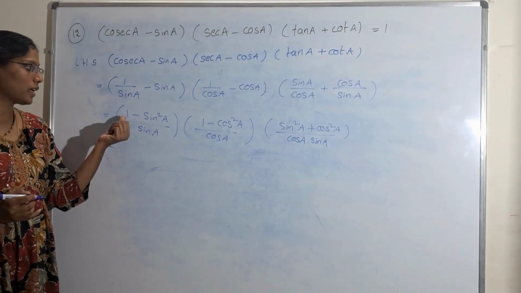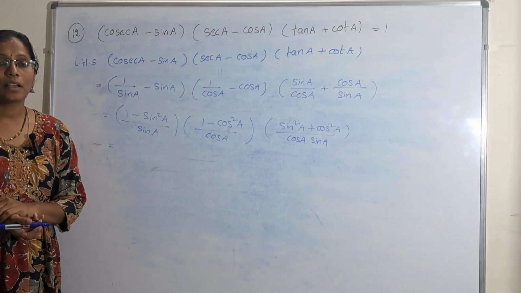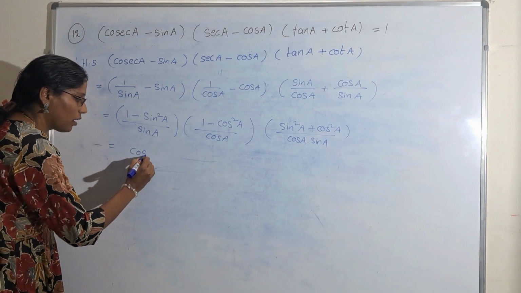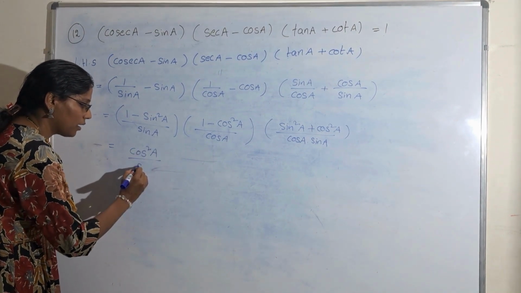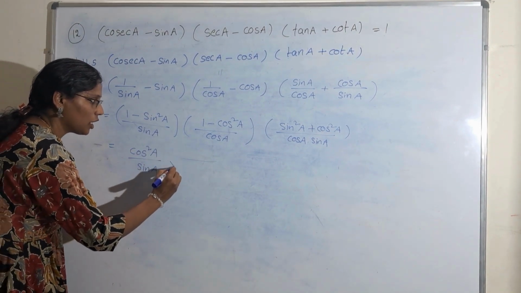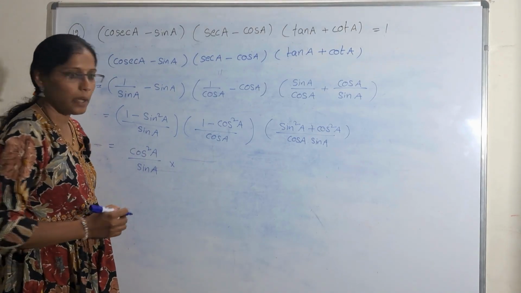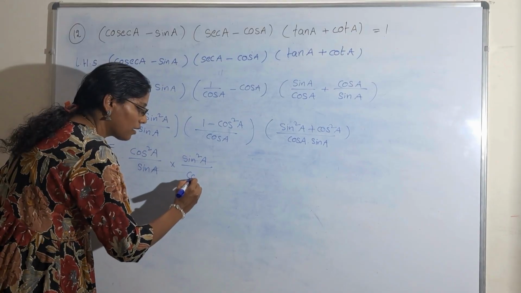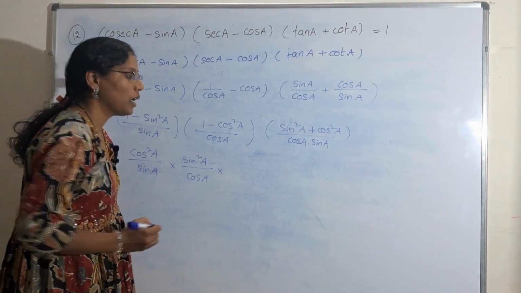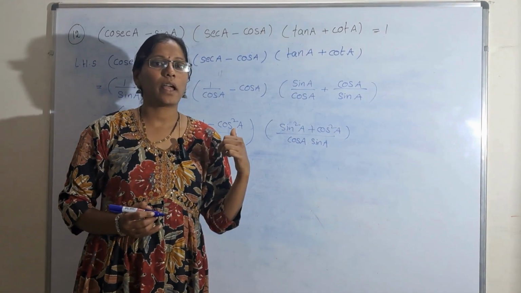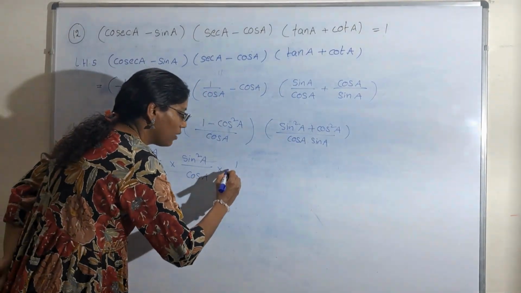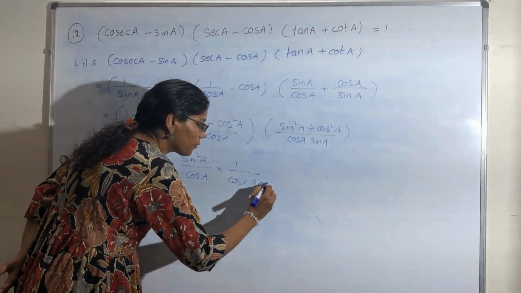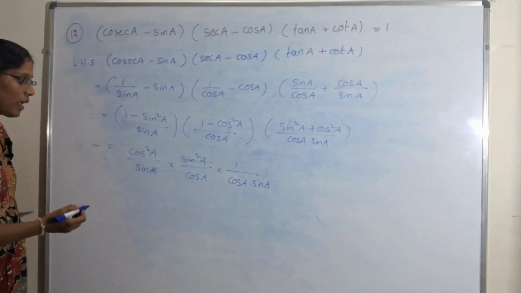You should observe the first bracket: 1 minus sin square value is cos square A. We can use the identity. Cos square A by sin A into (1 minus cos square A) by cos A, plus we should write sin square A by cos A into sin A, where sin square A plus cos square value is 1, over cos A into sin A. Any cancellations we have to do, cancel.